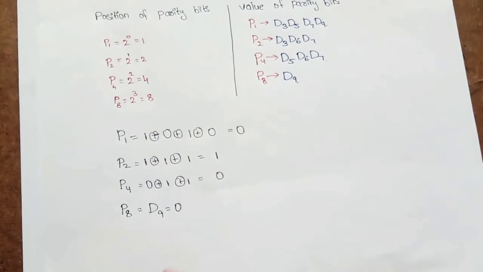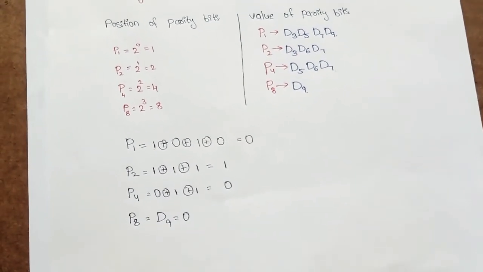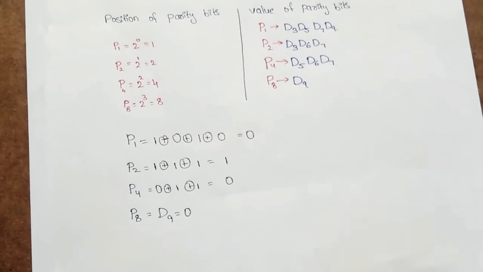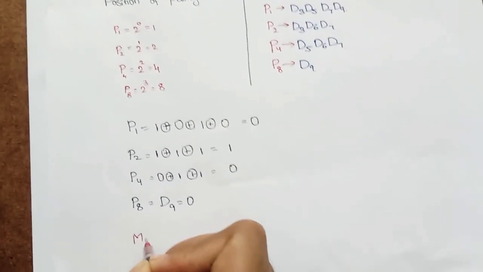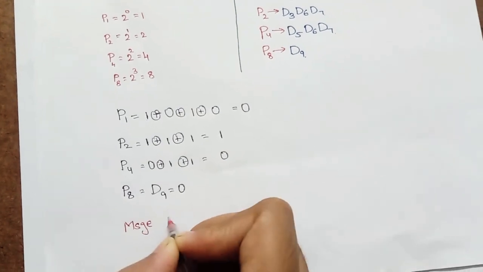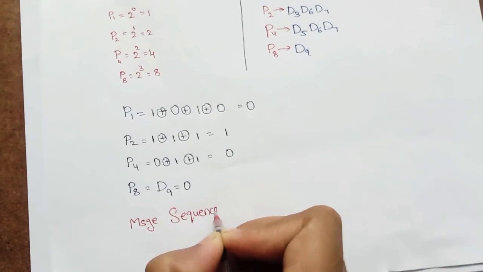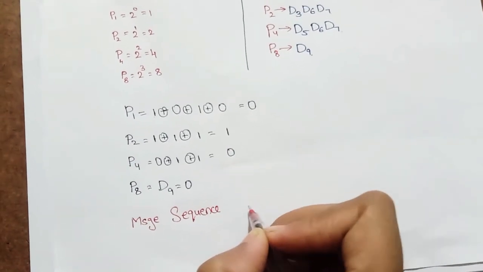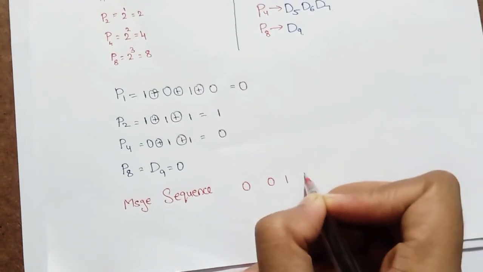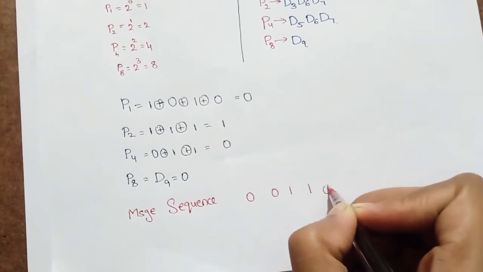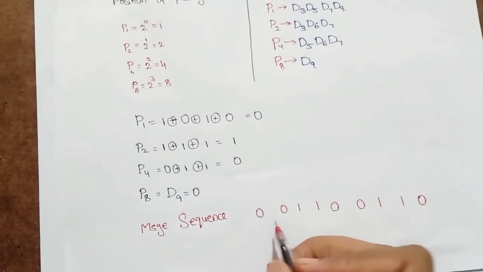Now I can say my message sequence is 0 0 1 1 0 0 1 1 0.